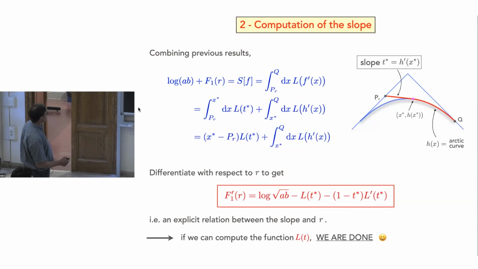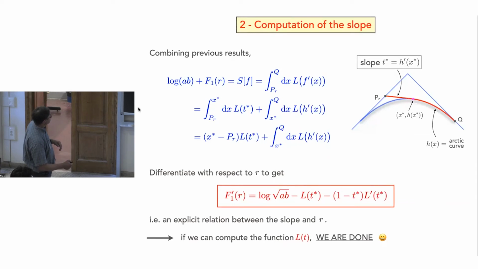So you just get a first piece from P, which is parameterized by this number R, to the tangent point, on which F prime is constant and equal to the slope of the straight line, which is actually the value of the tangent of the Arctic curve at that point. It's the point where the straight line hits the tangential curve. So the slope T star is the derivative of the Arctic curve at this point.